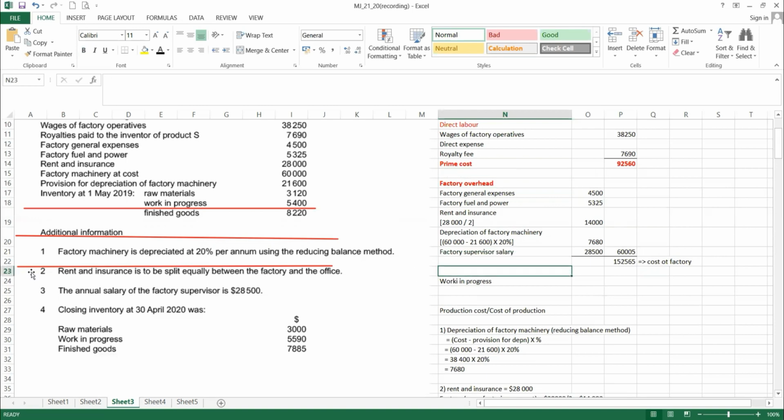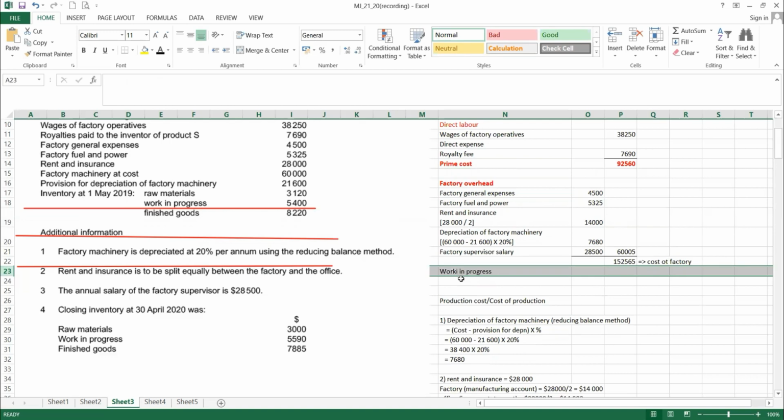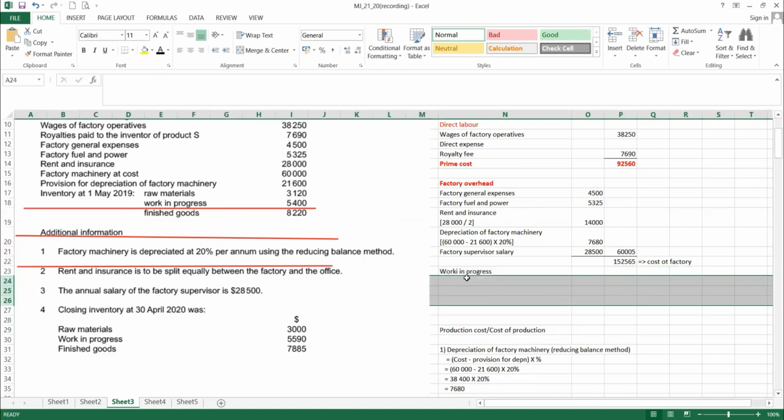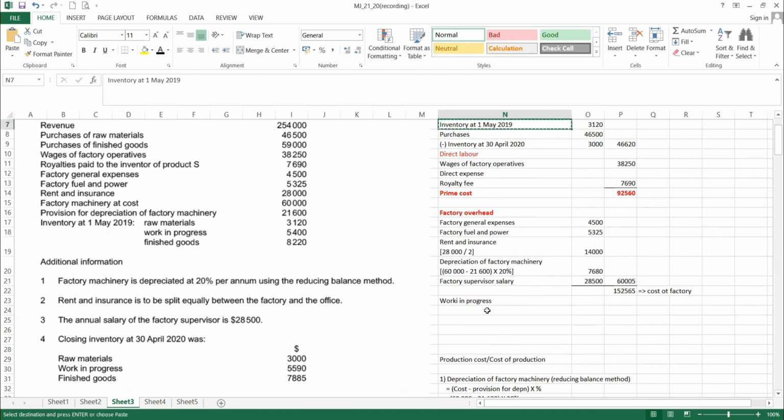We now come to the work in progress. Work in progress in here refers to the inventory work in progress. For example, here, the beginning year, so beginning inventory, and then end year. We want to put minus also can.